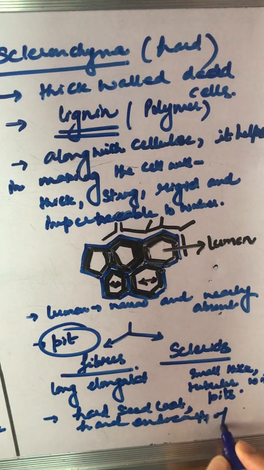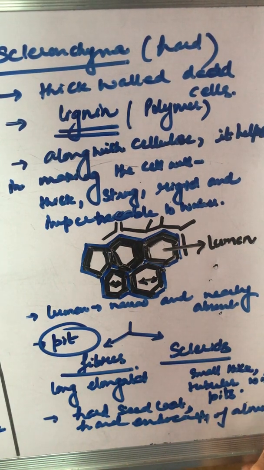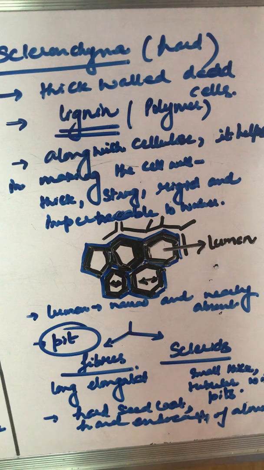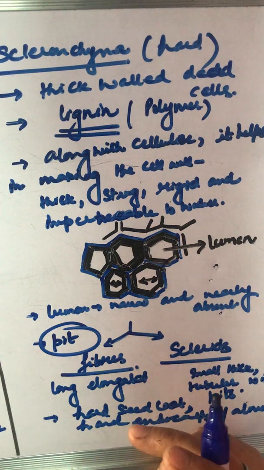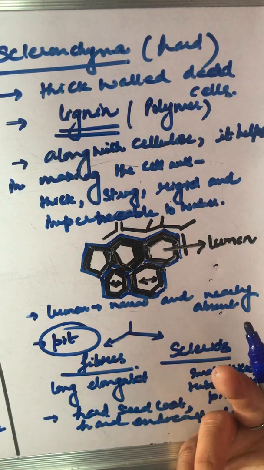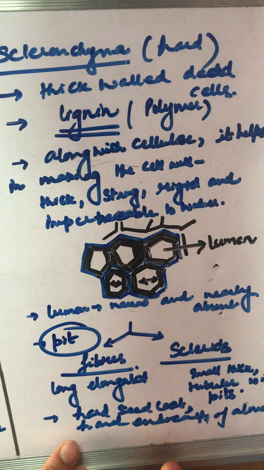Endocarp of almonds. We know the outer shell of almond is quite hard. It is made up of sclerenchyma. And then inner to it there is also a covering, almond covering, which can be easily peeled off when we dip them in water. That is made up of sclerenchyma.